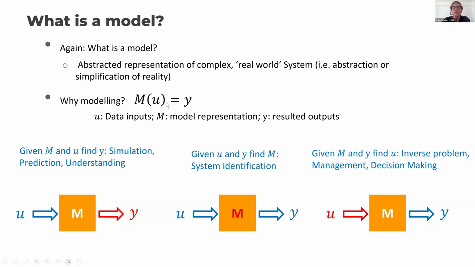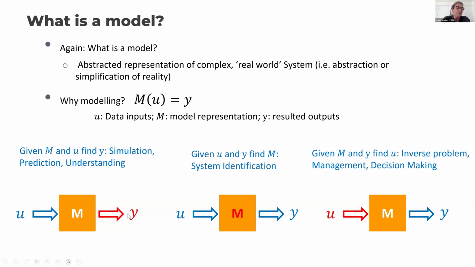And the model can be used for at least 3 different objectives. The most logical and simple way of using a model is if you know the model formulation, so the operator, and you know the input values, you use the model to obtain the output values.